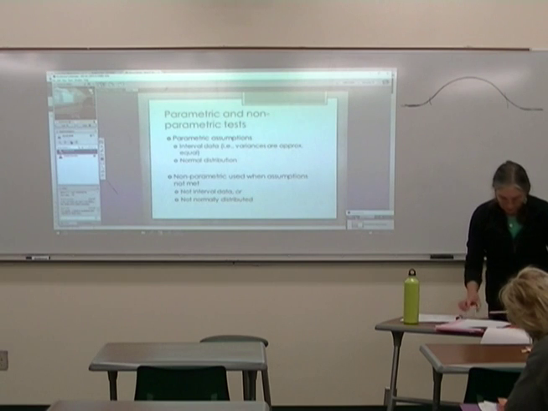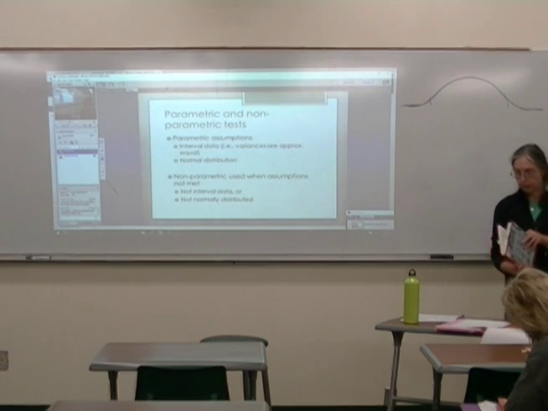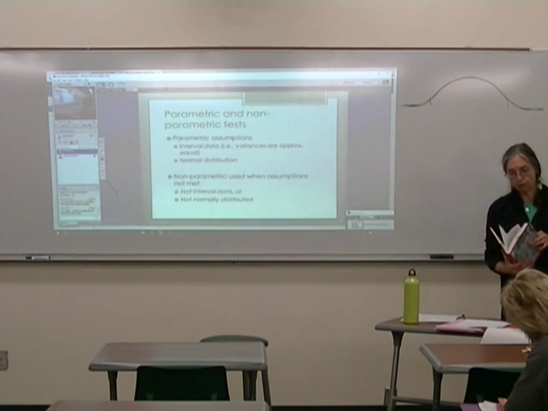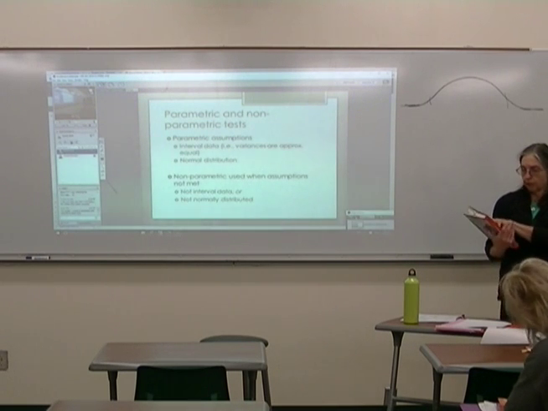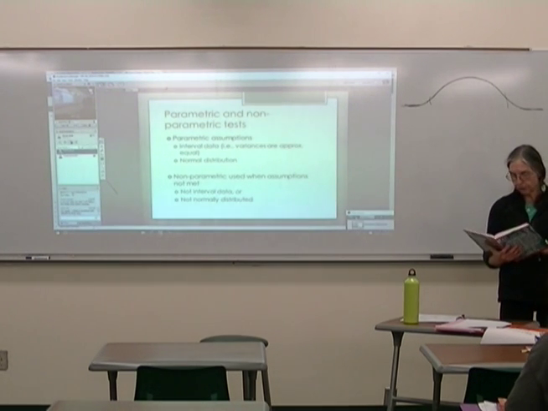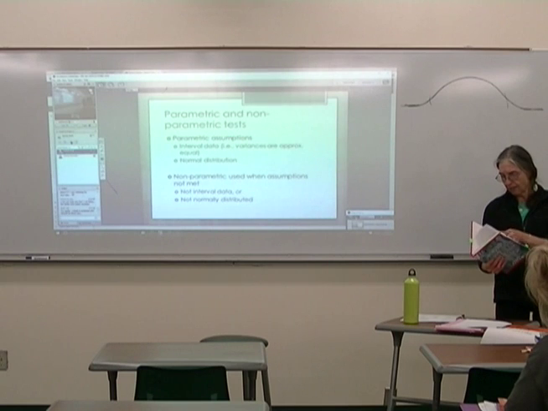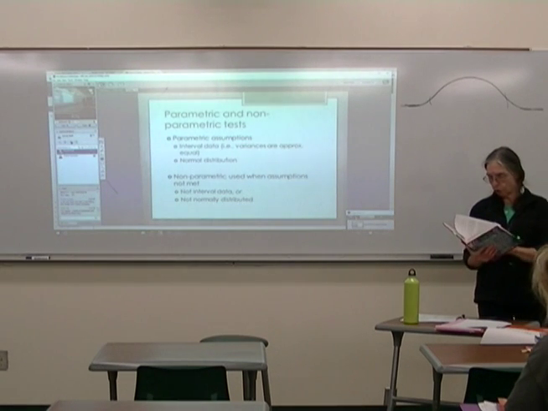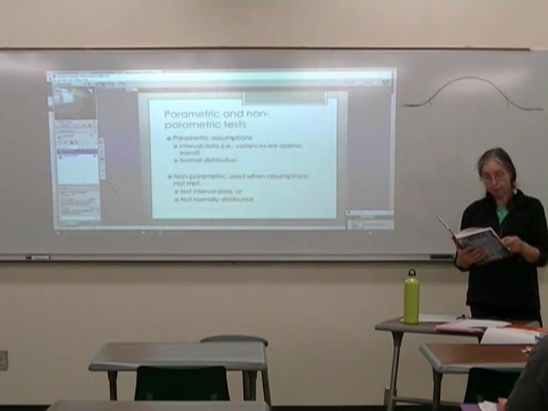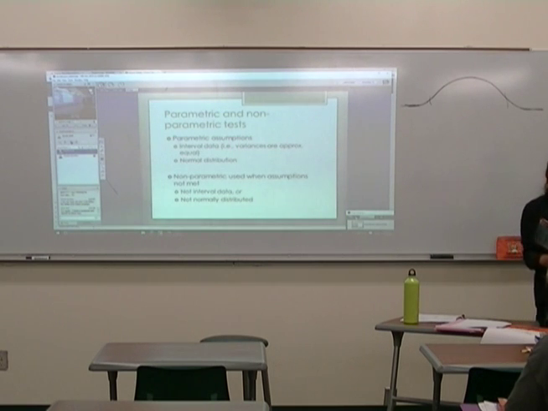I also have the other book that I use a lot for this lecture, Research Techniques for Health Sciences, and they have a whole lot of information about non-parametric tests, so chi-square, Mann-Whitney, Wilcoxon, matched pairs.